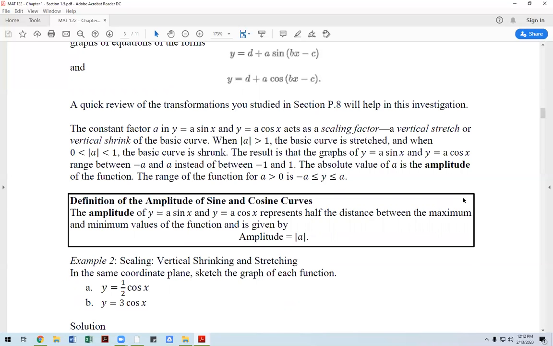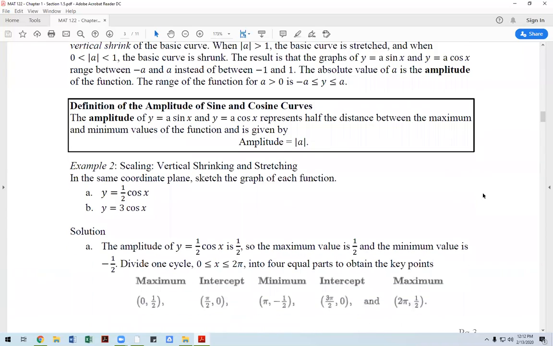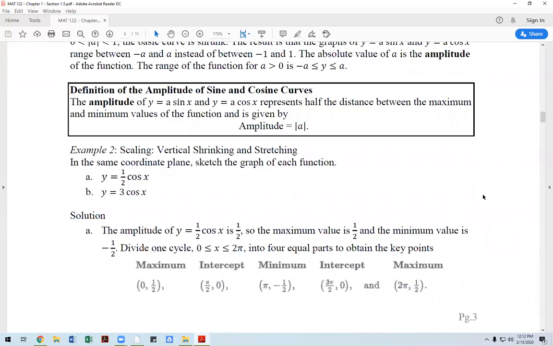So we're looking at this example here with our vertical stretching and shrinking. They're saying in the same coordinate plane, they want us to sketch the graphs of these two functions, 1/2 cosine of x and 3 times cosine of x. So basically just a variation of the 2 times cosine of x that we just did, right?